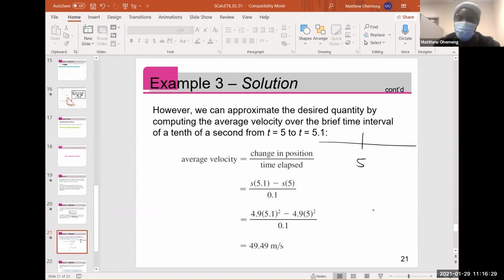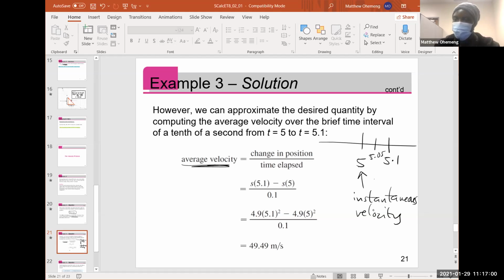So we need the instantaneous velocity here. What do we do? We have the formula for average velocity, which is change in position over time elapsed. You get 1 point, say 5.1. Now, if you have 5.1, then we have 2 time points, so we can compute the average velocity. And then we compute something closer, say 5.5.